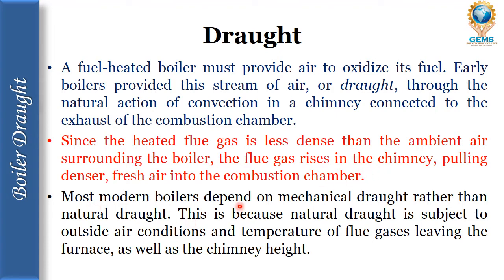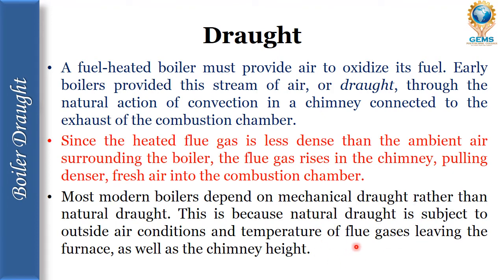Most modern boilers depend on mechanical draft rather than natural draft. This is because natural draft is subject to outside air conditions, the temperature of flue gases leaving the furnace, as well as the chimney height.